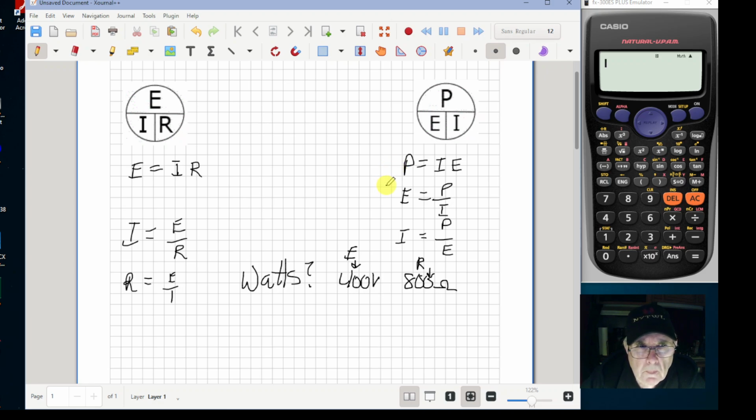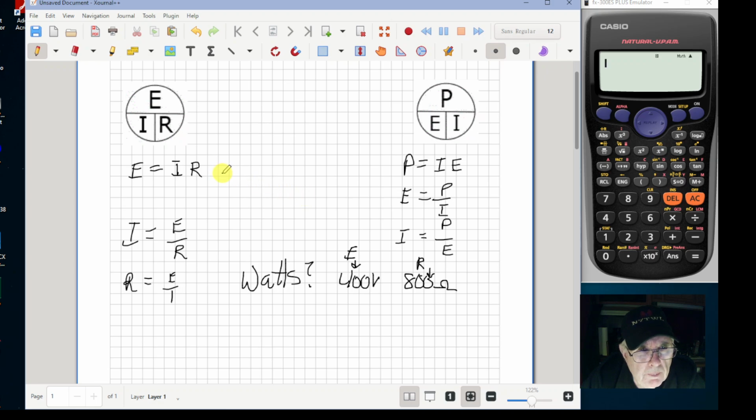But I do have a value for resistors over here. So let's see. R is equal to E over I, but I don't know the current. They want power, so that's not going to work.